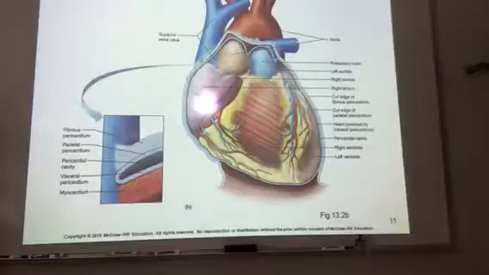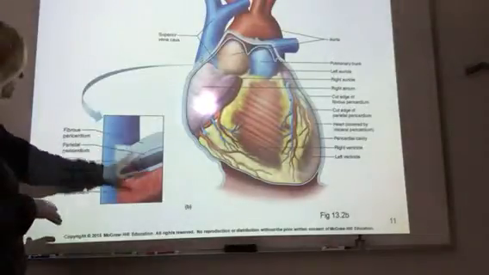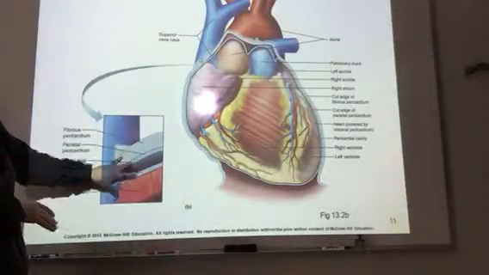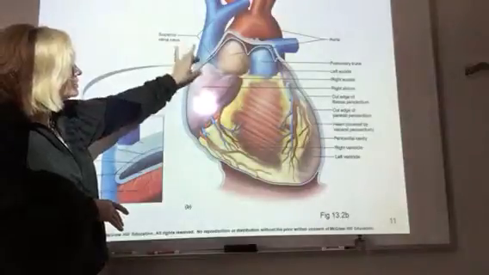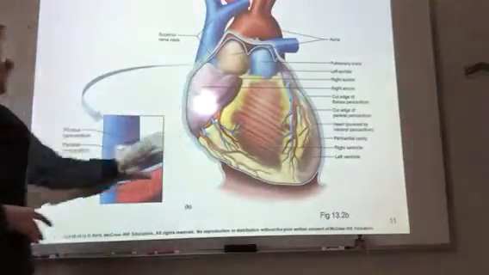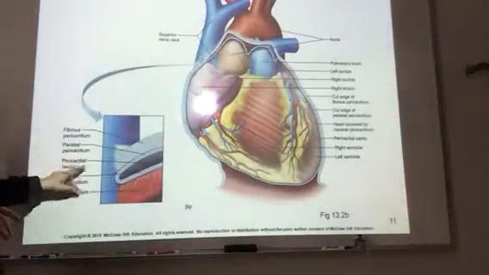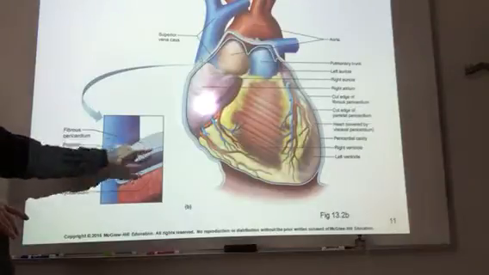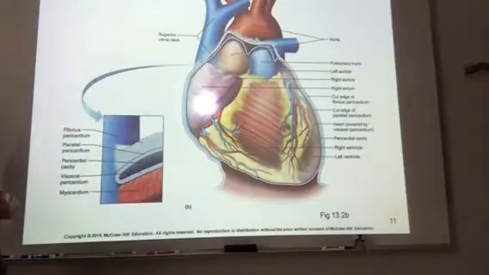So here, this is probably a better picture. I'm taking basically a little chunk out right here, and if I look at that, my fibrous pericardium is the outside tough layer.